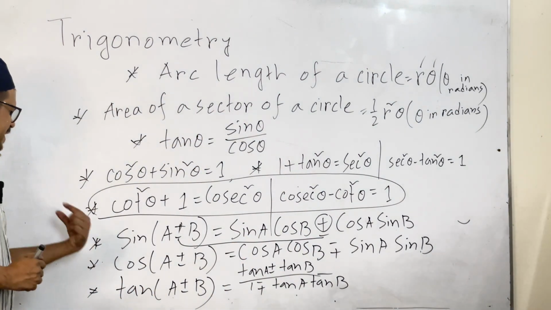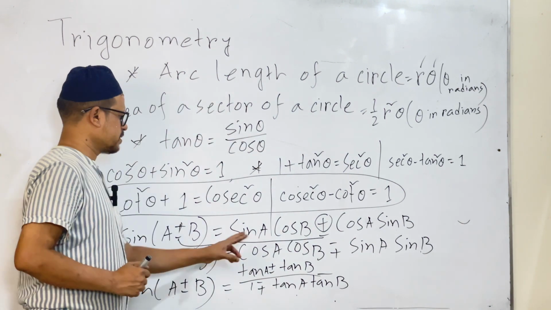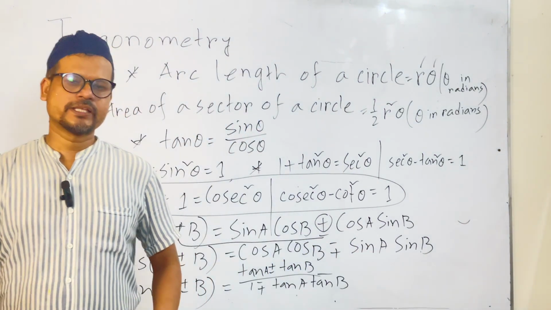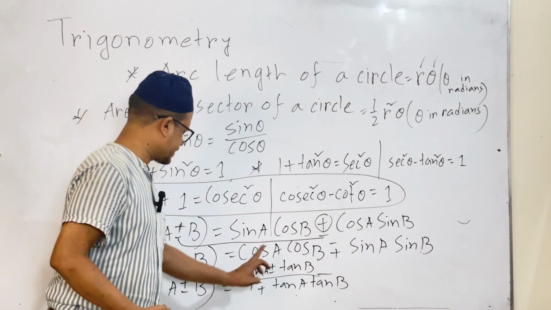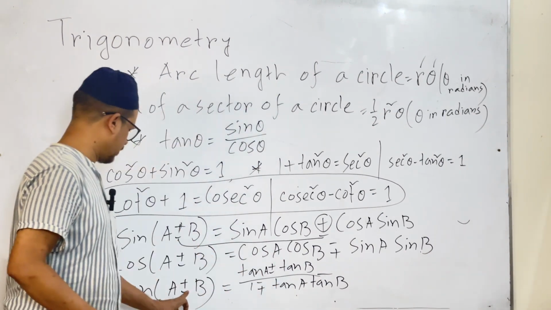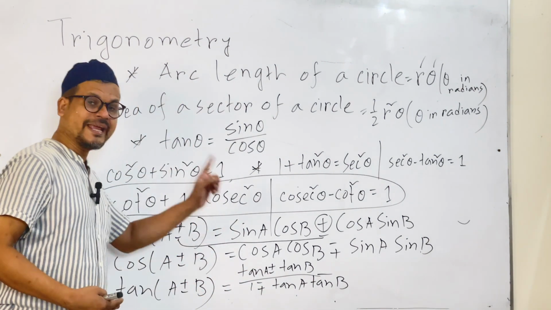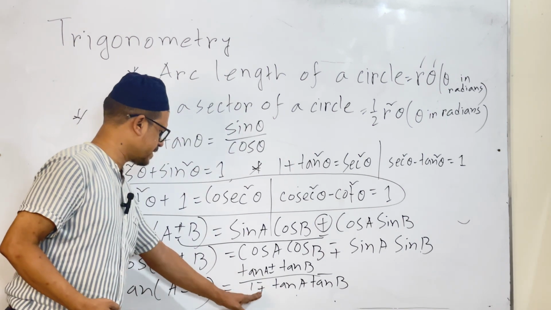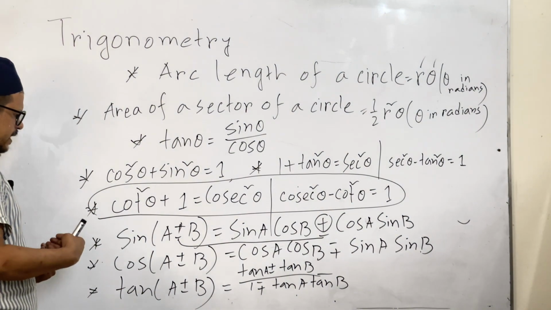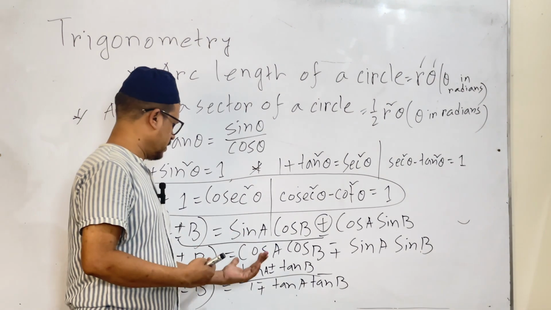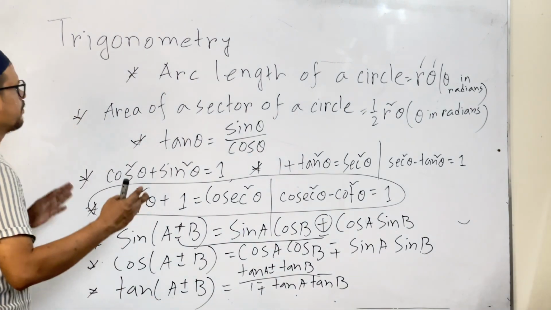All are cos first: cos A cos B, then minus plus sin A sin B. For tan(A ± B), the numerator is tan A ± tan B, and the denominator is 1 ∓ tan A tan B. Very simple.